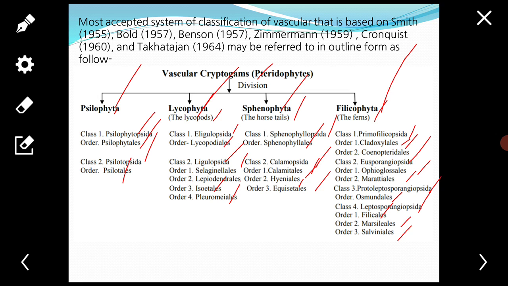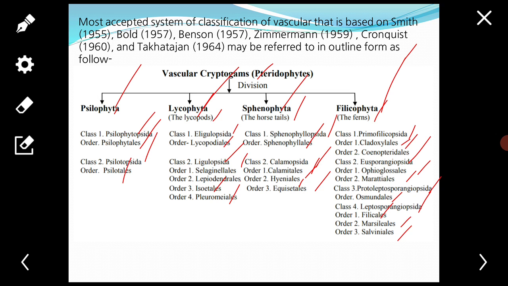This division includes both fossil, example Lepidodendron, and living pteridophytes, which include five living genera. One is Lycopodium, second Phylloglossum, third Isoetes, fourth Stylites, fifth Selaginella, of which Selaginella is in your syllabus, which we will teach.